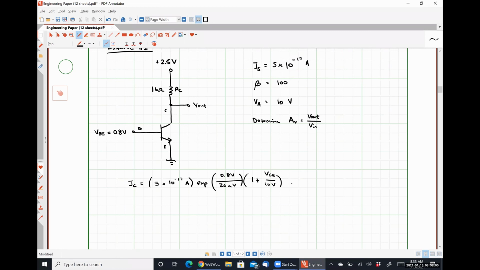The only thing we don't know in this equation is the collector-emitter voltage, which is here.